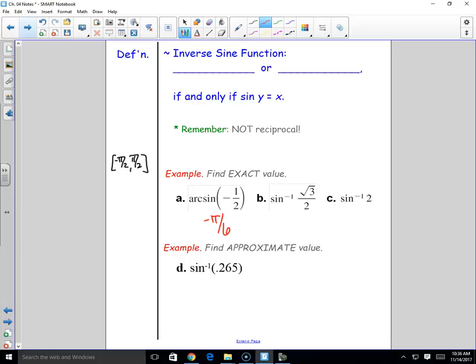What if I'm looking for when sine is root 3 over 2? It's either 90 or negative 90. It has to be first quadrant because it has to be positive. What angle? Not 30. 60, which is pi over 3. What if I'm asking for when sine is 2?